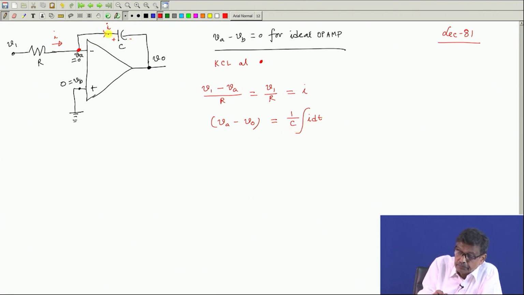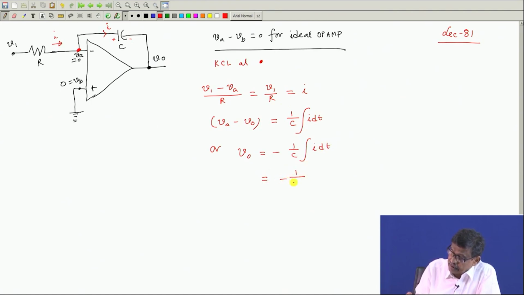If you integrate, you get the potential of this point with respect to this, but VA is 0, therefore V naught is equal to minus 1 over C times integral of I dt, but I is V1 by R. So, this will become minus 1 over RC times integral of V1 dt.